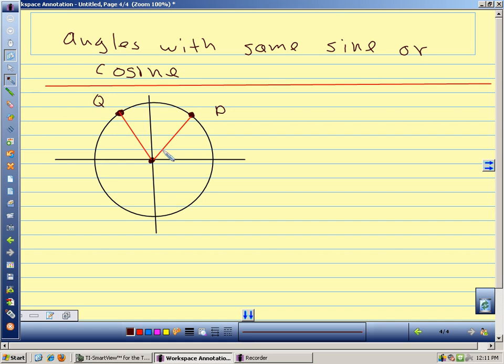And I'm going to call this angle A, and this angle B. Now I'm going to draw in a couple of dotted lines here for the y component, the y part of the y coordinate of my point. So I'm going to draw that line down there, and I'm going to draw this line down here.